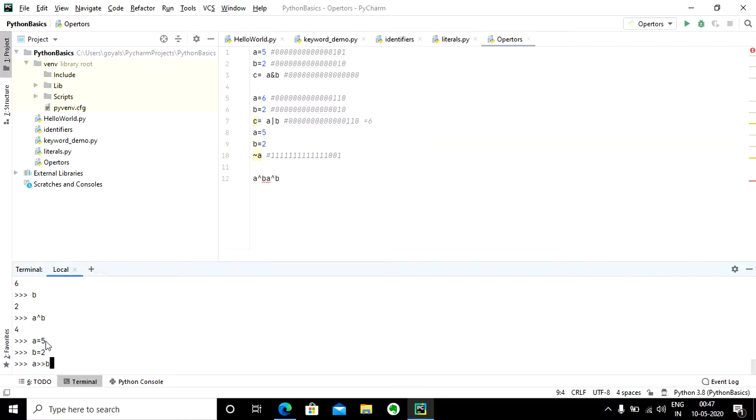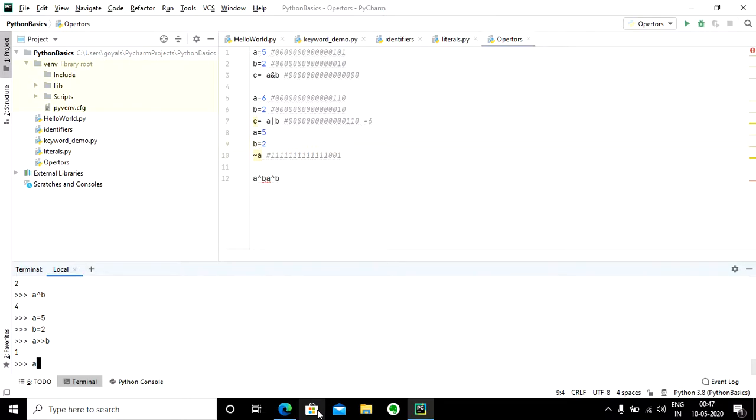So if I perform A right shift B, the output would be 1. Why is it happening? There is a simple formula for calculating this. Suppose you have a variable A which has the value 5, and another variable B which has 2, and you need to calculate A right shift B. Then the formula is quite simple.